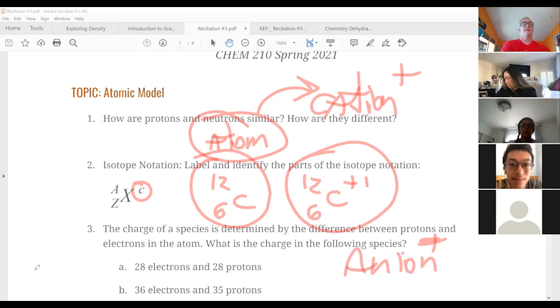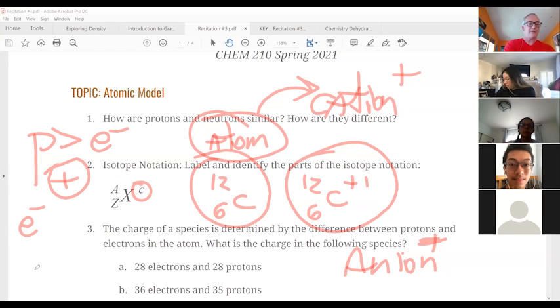So if we have more protons than electrons, we wind up with a net positive charge. If we have more electrons than protons, we end up with a net negative charge. So that's really important to remember going forward, because I find a lot of students early on who haven't done chemistry in a while, or this may even be their first chemistry course, see something with a positive charge and say, well, protons are positively charged.